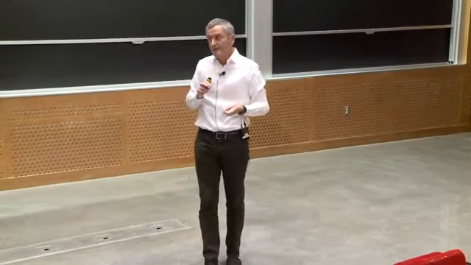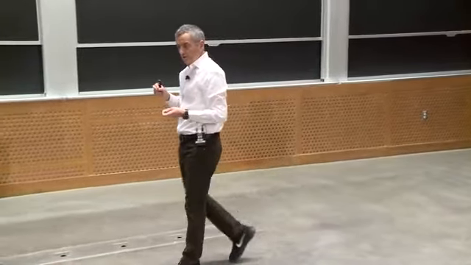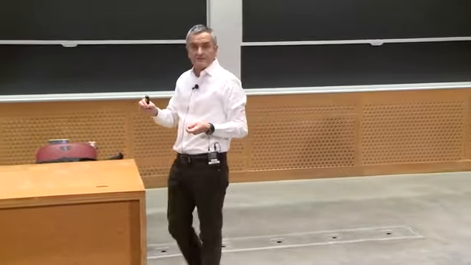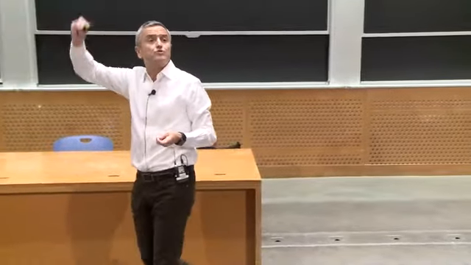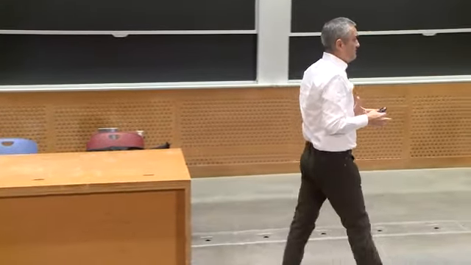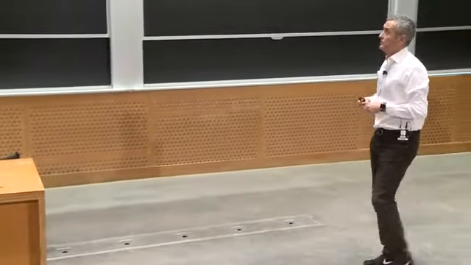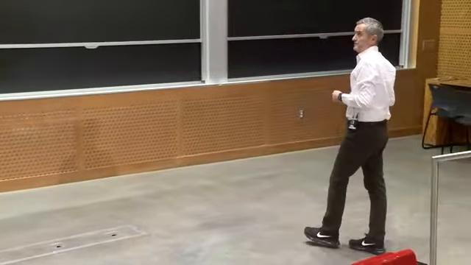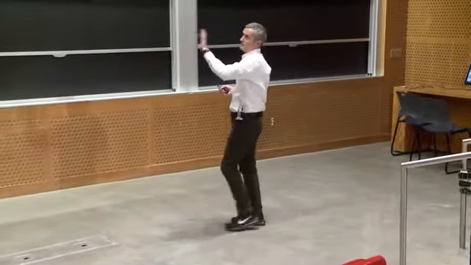So it's the fastest policy tool, but it's the most indirect in a sense because it has to go through financial markets. Those channels can be very complex, but obviously we're not in the business of complicating things in this course, so we're going to make it very, very simple.